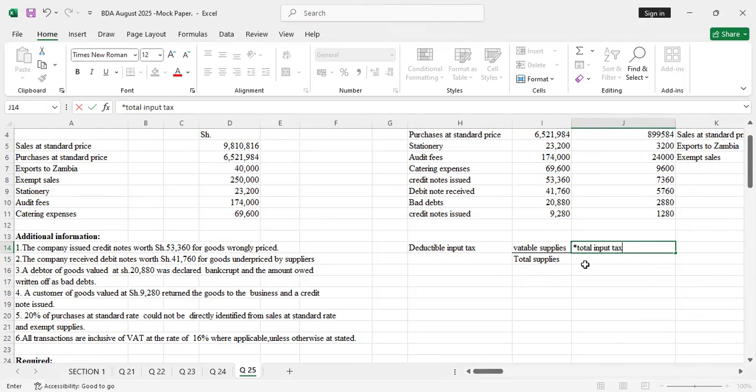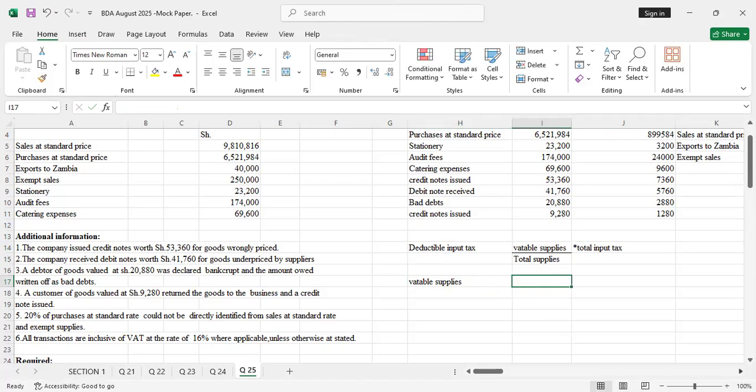So we are going to look at what VATable supplies are. VATable supplies will include standard and zero rated supplies only. Yeah, exempt is not a VATable supply.